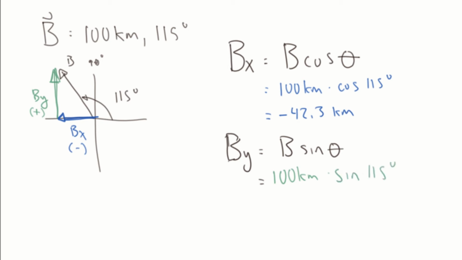Based on the way my drawing works out, I'm going to assume that By is going to end up having a larger magnitude and positive. It looks like it's going higher than it is going over. So 100 times the sine of 115 gets 90.6 kilometers, positive.